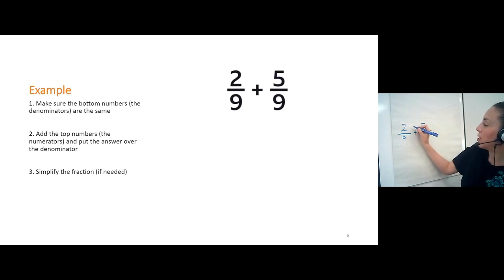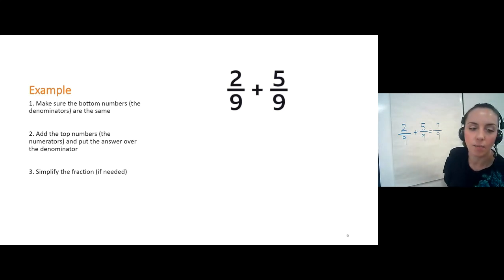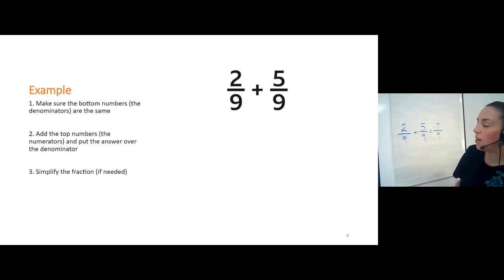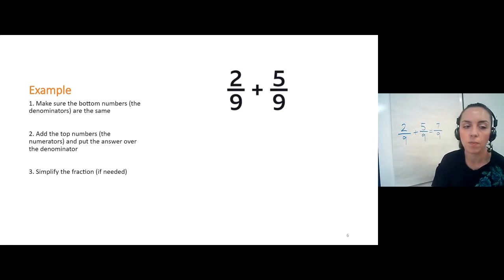So all we would do is add these two to give us 7, and we put it back over the denominator, 9. Step 3 says simplify the fraction if needed. Can we simplify 7 over 9 at all?